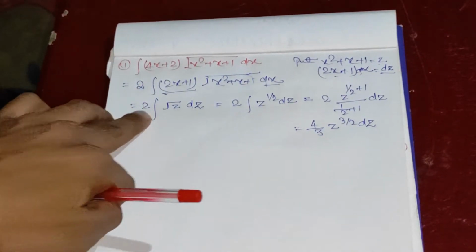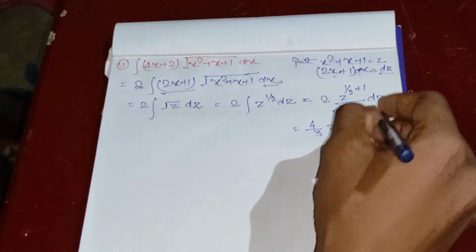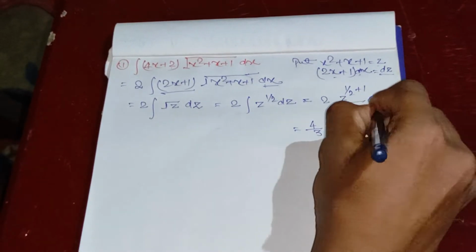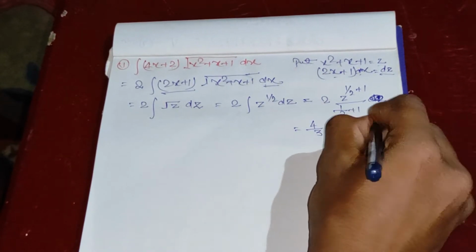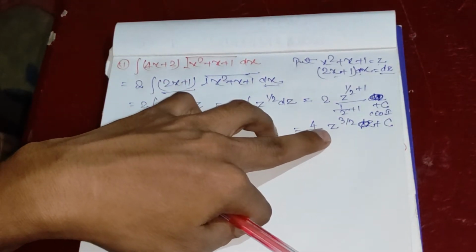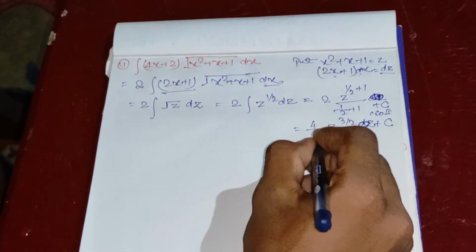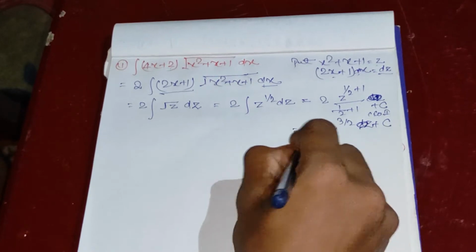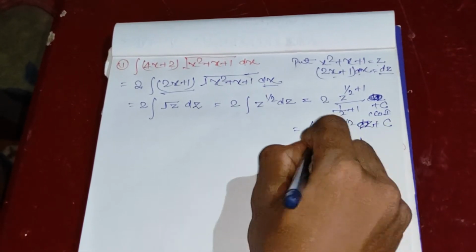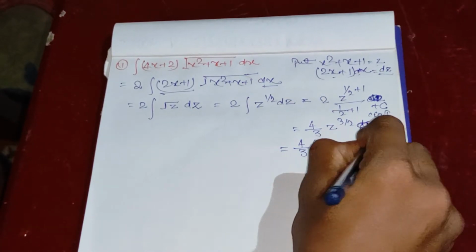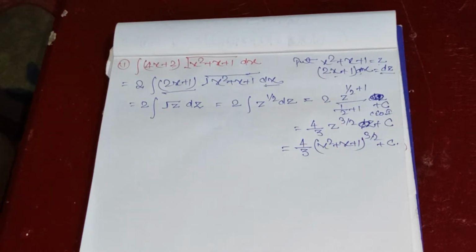We have the answer of this integration, but the last step is to add plus c, where c is the constant of integration. So last step is that we have to convert this z back to the original value, which is x² + x + 1. So it becomes 4/3 (x² + x + 1) to the power 3/2 plus c. So this is the final answer of question number one.